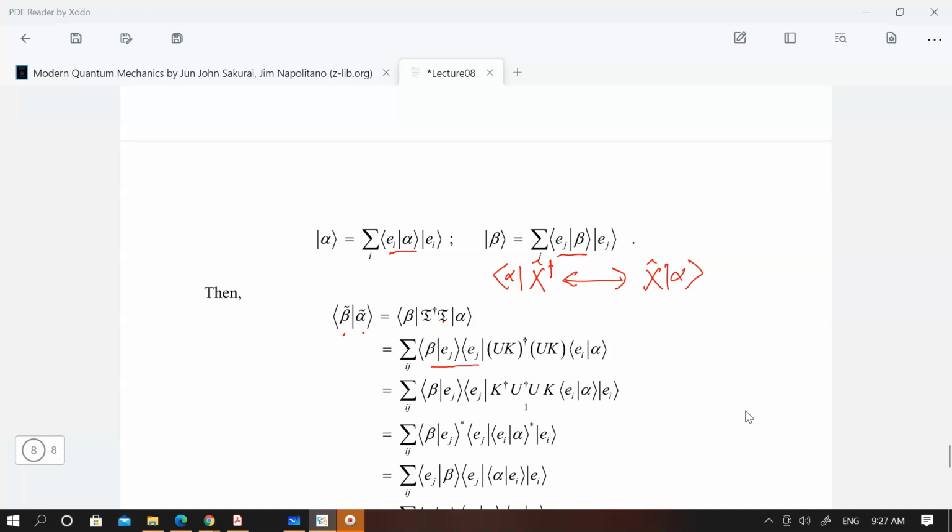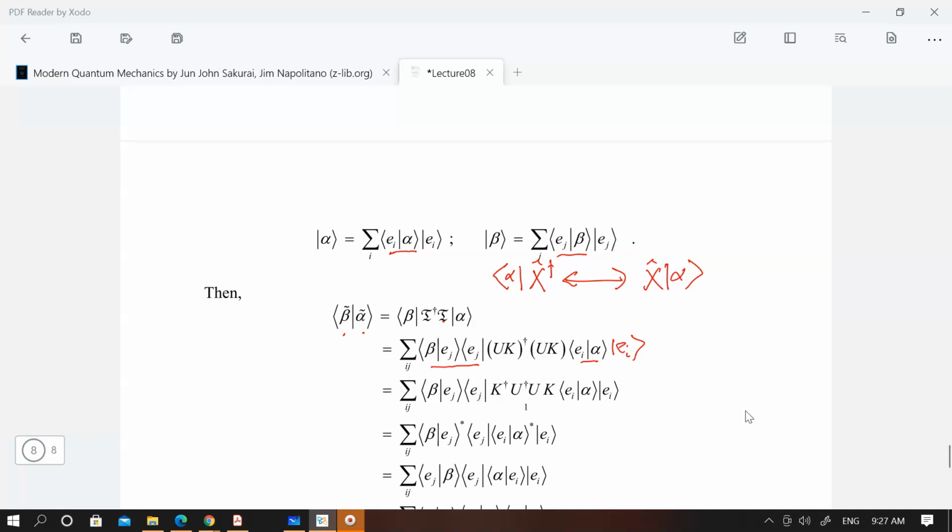And then your alpha, I think I'm missing an e_i. Okay, so I have that. So this is your expansion coefficient here times e_i. Here it's being conjugated because it's a bra vector. So this is the expansion coefficient, and then this is the bra vector. This is the basis for bra.